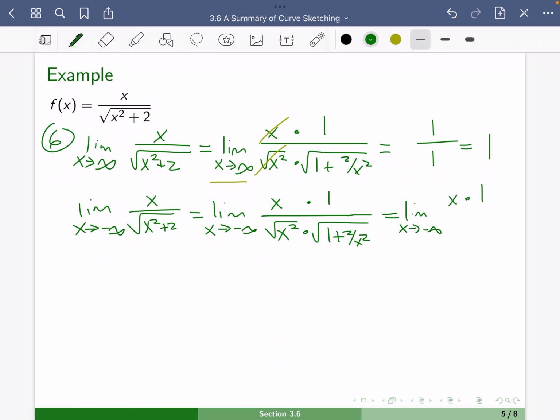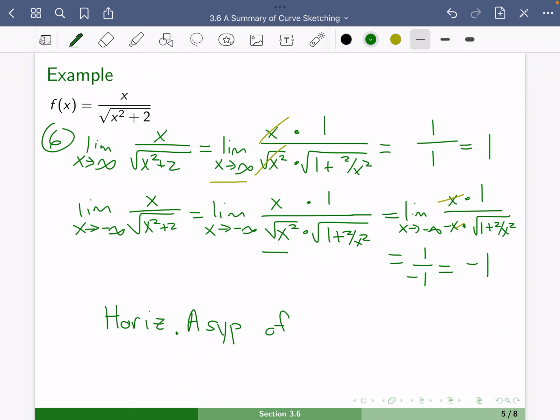So we have x times 1 on top, but on the bottom, the square root of x squared, when we have negative x values, is going to be a negative x. So then that x cancels, but we still have that negative sign. And so our limit here is 1 over negative 1, or negative 1. So we have horizontal asymptotes: y equals 1, and y equals negative 1.